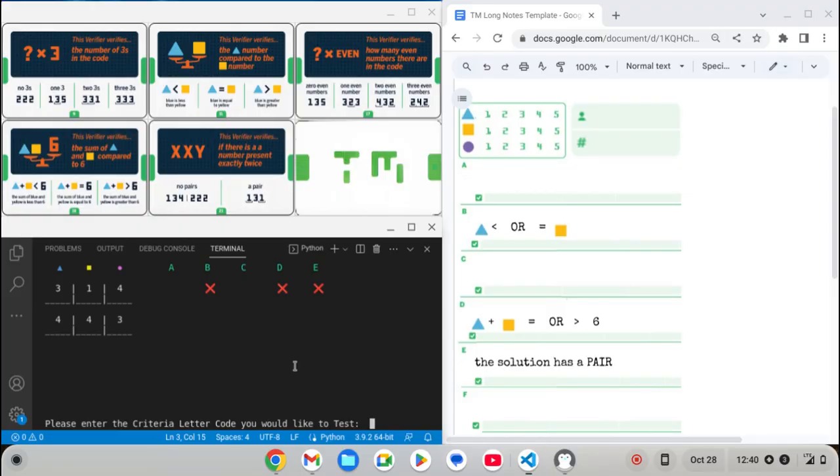Okay, so, wow. Obviously, I don't want to retest some of these criteria cards. I don't know if we'll be able to deduce many of them, but let's go ahead and test criteria card C. Well, let's see.